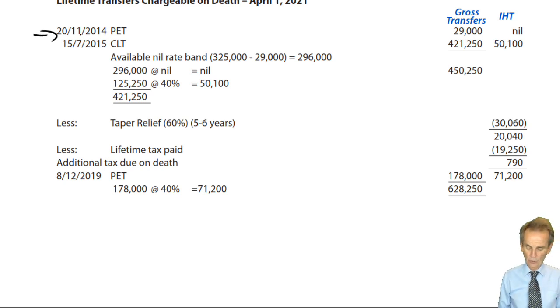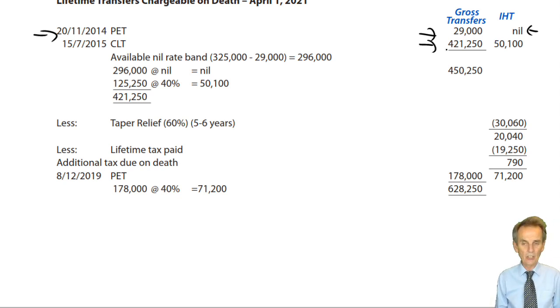The first one, November 14, a PET, a mere 29,000, well within the 325,000 nil rate band, so no tax to pay. Bring in the gross amount of the CLT there from your lifetime tax computation. That was 421,250. Clearly that takes you above 325,000 on this cumulative total.